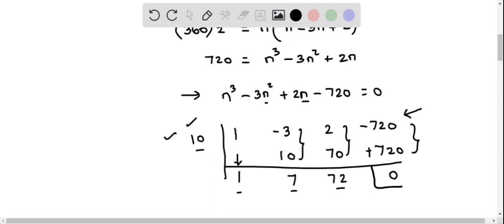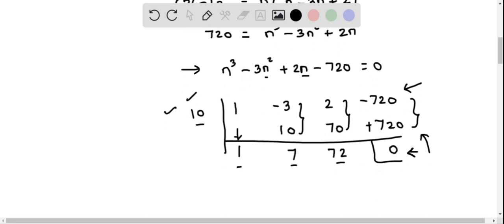In synthetic division, we have to ensure that after we try one of the numbers, the last sum has to be 0. Once we get 0, we can say that this is one of the factors of the given equation. So we say that n equal to 10 solves this equation. That is, if you plug in n equal to 10, the equation will be satisfied and both sides will be true.